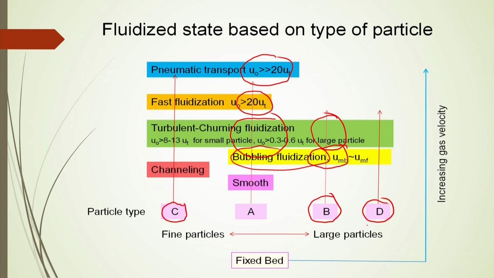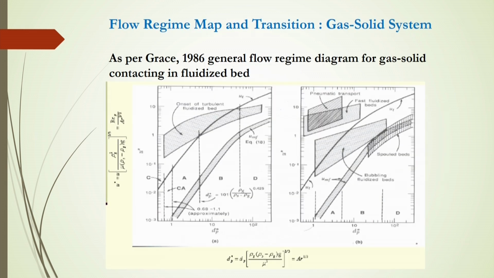So it is very difficult to get the other types of fluidization by choosing one particle type, but you can infer what type of fluidization regime can be obtained from this knowledge.